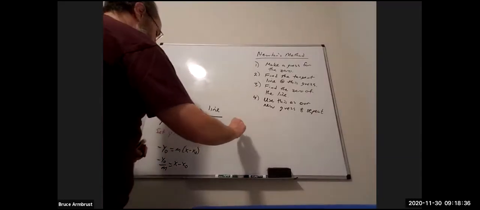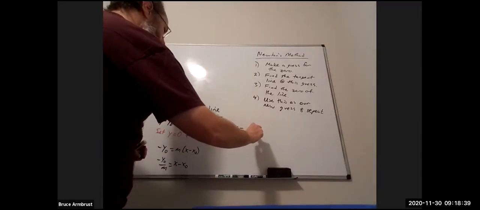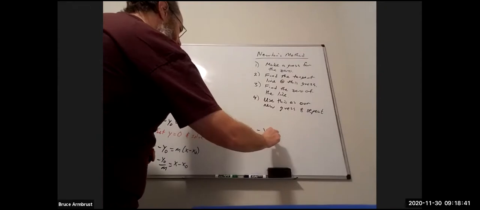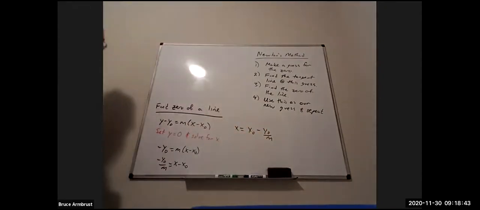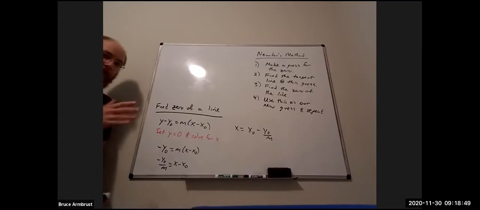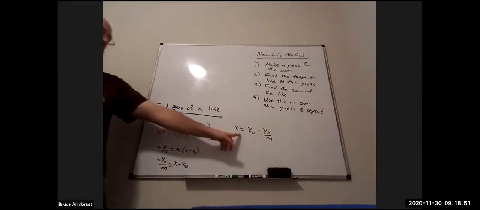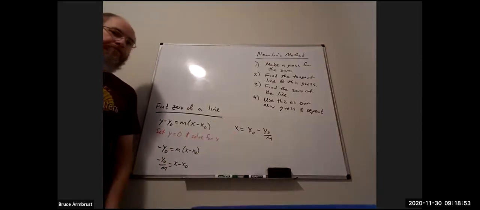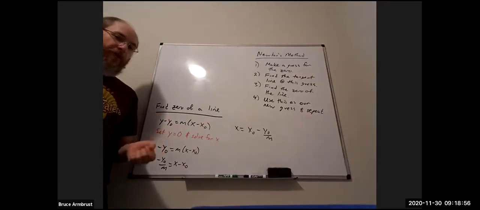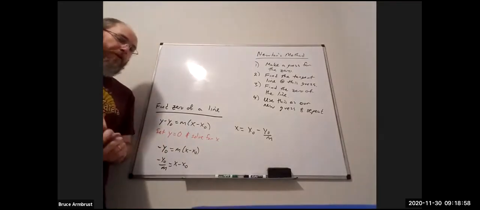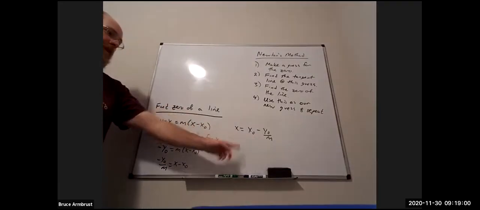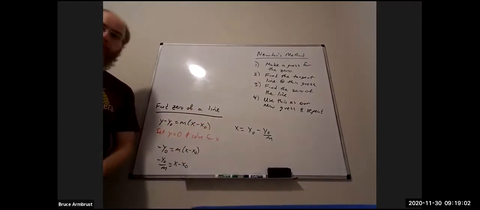So I get x equals x naught minus y naught over m. Basically what this formula tells you is if you know the slope and a point for your line, this is how you find the zero. Just plug it in.